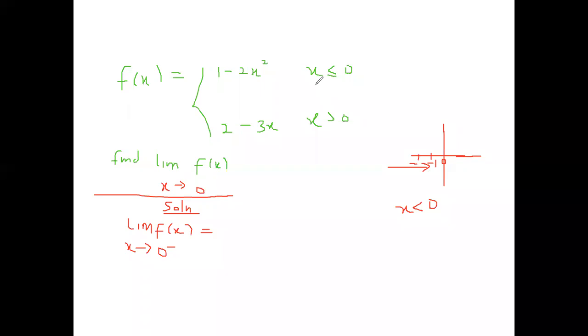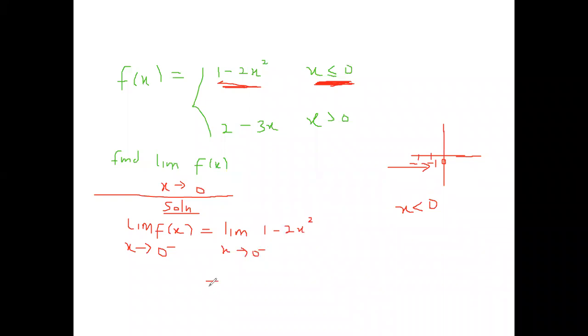we are looking at this domain where we are less than or equal to 0. If we are on this domain, then it means that the value of the function is what we have here, okay, per what we know from class. So which means that this will be the limit of what? 1 minus 2x squared, okay, as x is approaching 0 from the left.